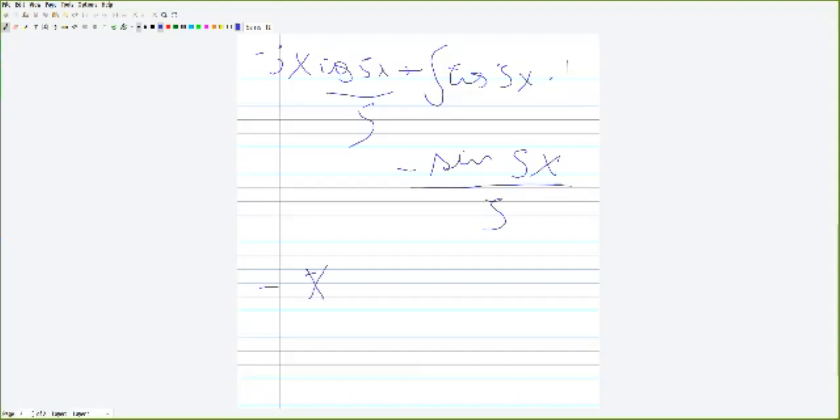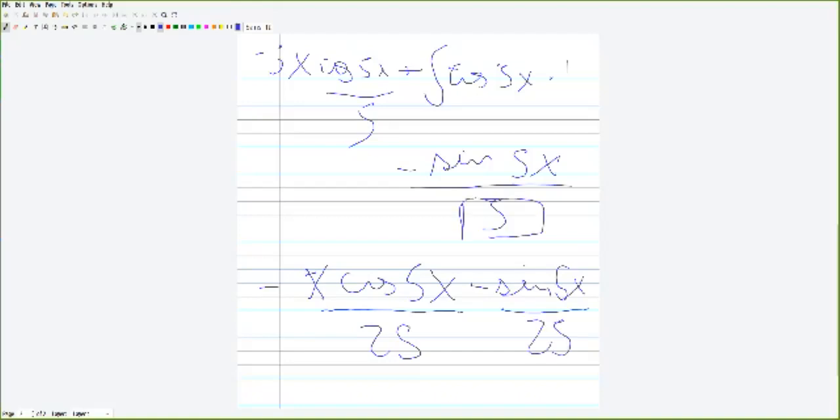It's going to be minus x cosine of 5x over 5, and minus sine of 5x, and you notice that we had a 5 over here, but when we do the integration, we divide by 5 again.